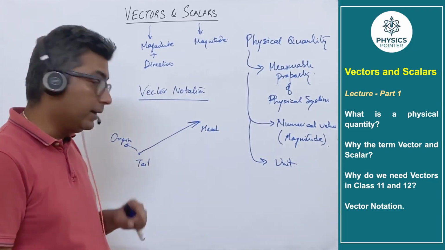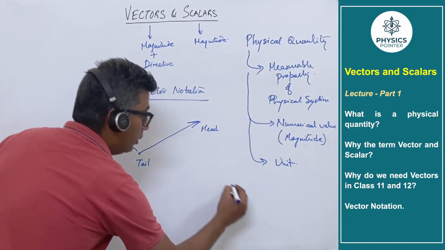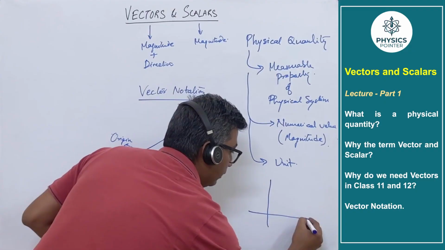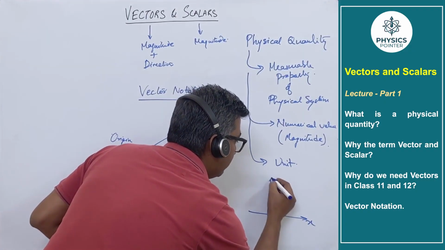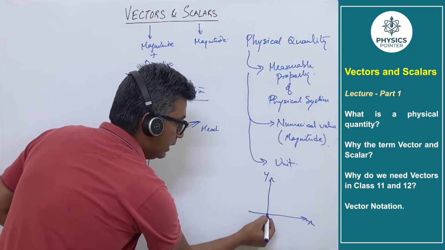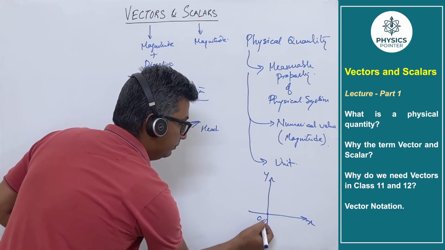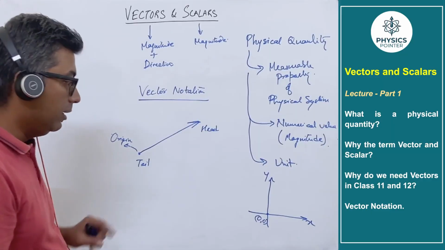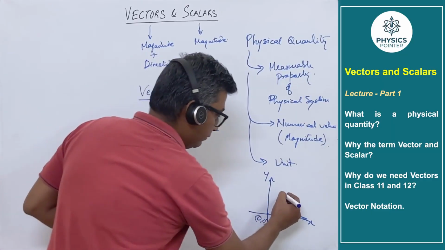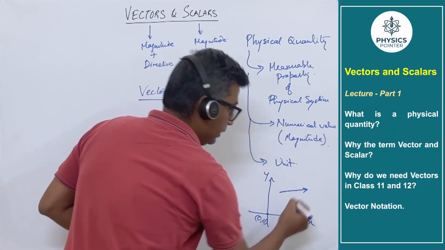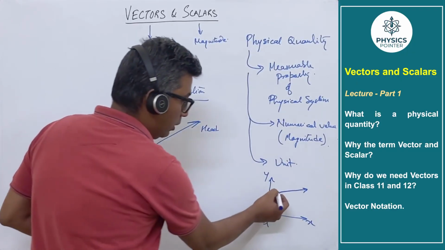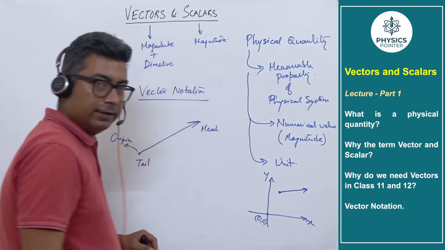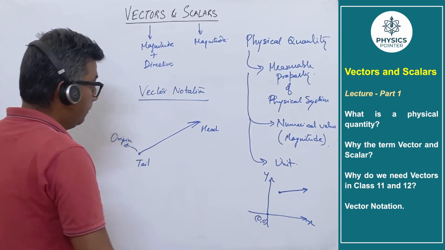For example, Cartesian coordinates. In Cartesian coordinates, what do you have? Let's say this is x, this is y, and when we say origin, we say 0, 0 is the origin. Not always the case with vectors. For example, I can have a force which is pointing like this, so the origin of the force in that case is here, which is not 0, 0.